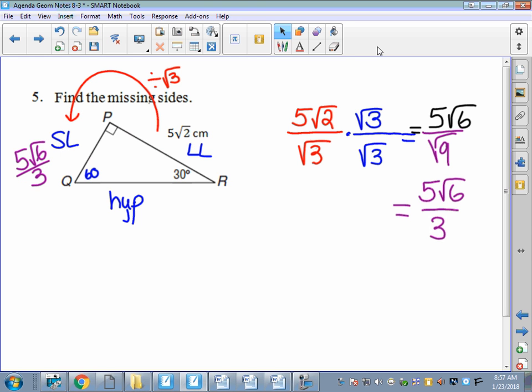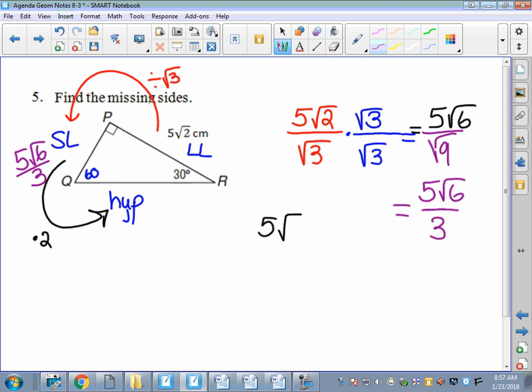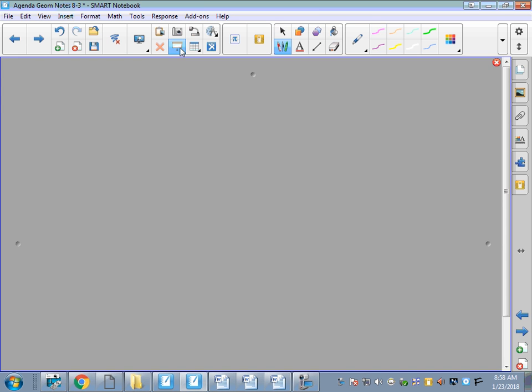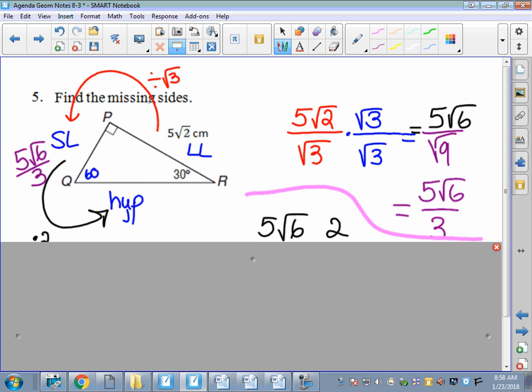The hard part's over. Short leg to hypotenuse, what do we do? That's the easy one. Times by 2. So 5 square roots of 6 over 3, we're going to times by 2. If you prefer to do a 2 over 1 so you can keep your fractions straight, do that. You end up with, on top, just do the numerator math.